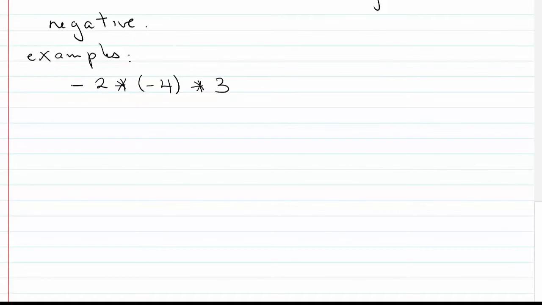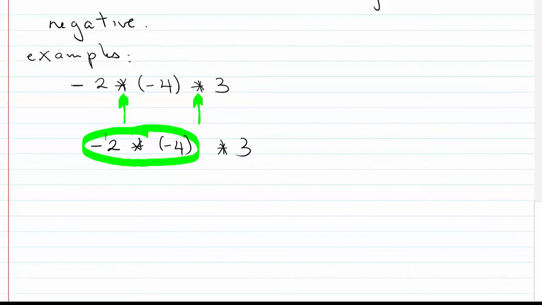Note that the problem only contains multiplication, so by multiplying I will work the first two, minus 2 times negative 4, and if I multiply minus 2 times minus 4, that gives me positive 8, and then I multiply that by 3. Since the signs are the same, my result turns out to be positive.